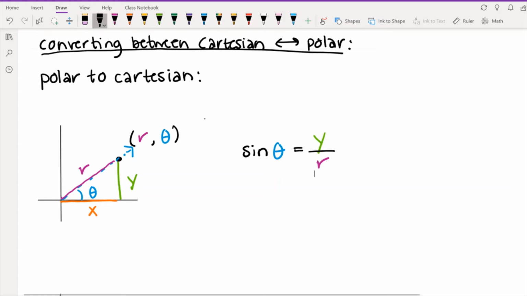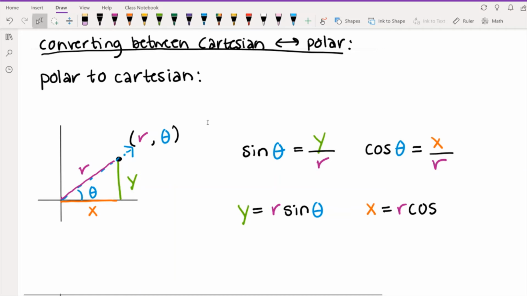And similarly, if you did cosine of theta, you would get x over r. And so if we solve each of these for x and y, we can get y is equal to r times sine of theta, and then x is equal to r times cosine of theta.